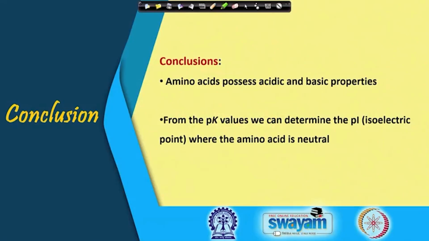We found out that from the pK values that we have from the amino part and the acid part, we showed it for glycine that we can determine the isoelectric point where the amino acid is neutral, given a knowledge of the pK1 and the pK2 values. We can find out the pi. In addition, we will learn that if the amino acid has an ionizable side chain that can also donate protons, then we will see how the pi value can be determined.